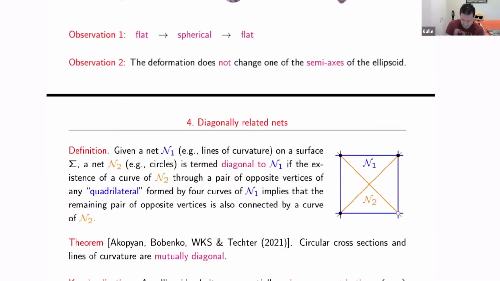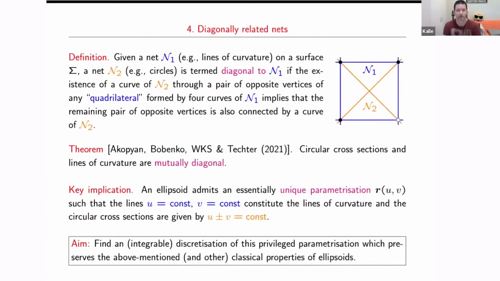Now I have to explain to you what diagonally related nets are. You have two nets, and think about the net N1 as the lines of curvature, though the definition is general. Then I have another net N2, which is, let's say, the circles. There's a notion of those two nets being diagonal. Let's say I draw 3 lines of curvature, 3 lines of this net.